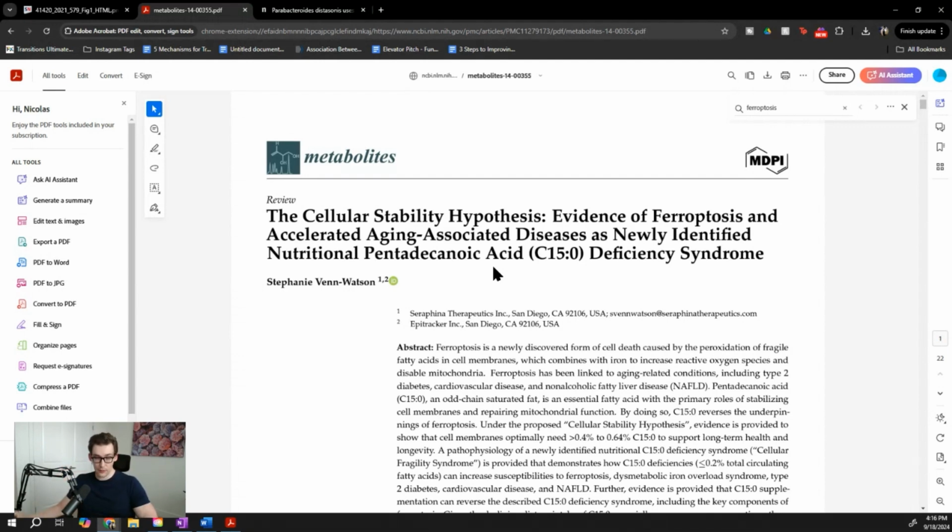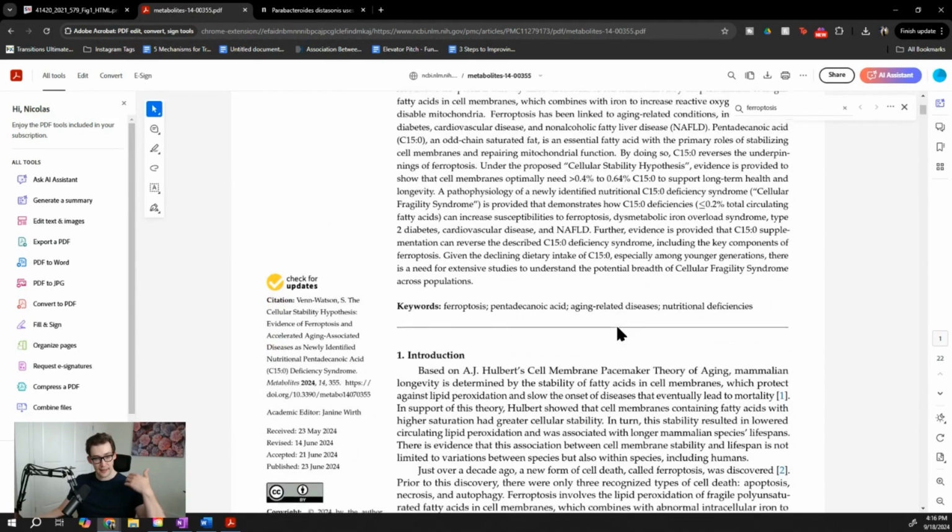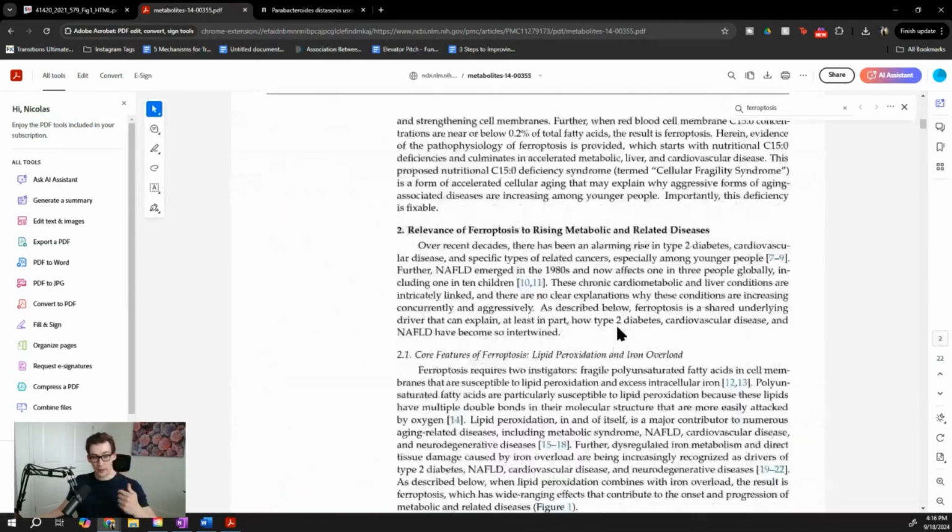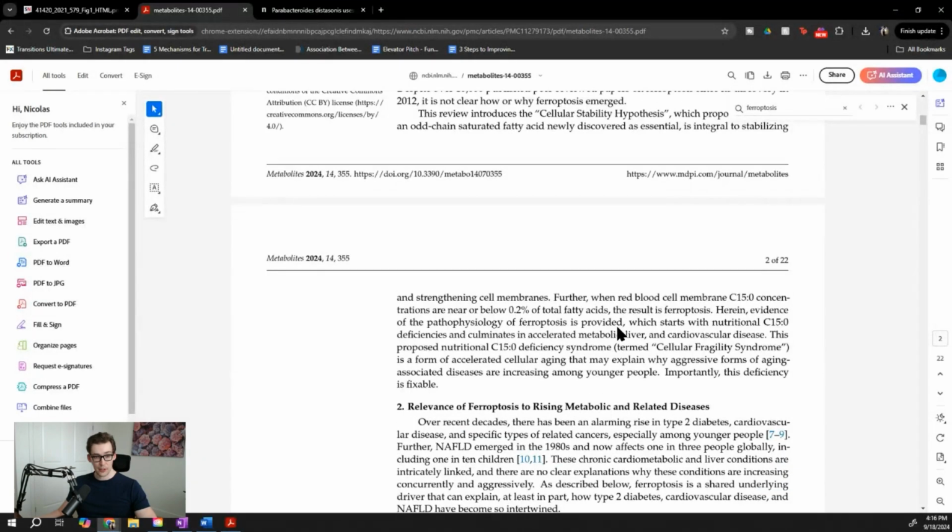But to be honest with you, considering that this person is one of the co-owners of Fatty 15, which is probably the primary company at the moment that sells C15, it's a little hard for me to believe that they're just saying, well, this is just our thought process, that it might work through ferroptosis, because they have this whole paper designed to get people excited about this mechanism when they provide absolutely no direct evidence that C15 actually affects ferroptosis.